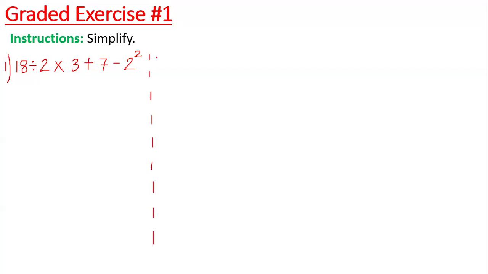Number 2, let's say we have 72 divided by 8 multiplied by 4 minus 3 squared.